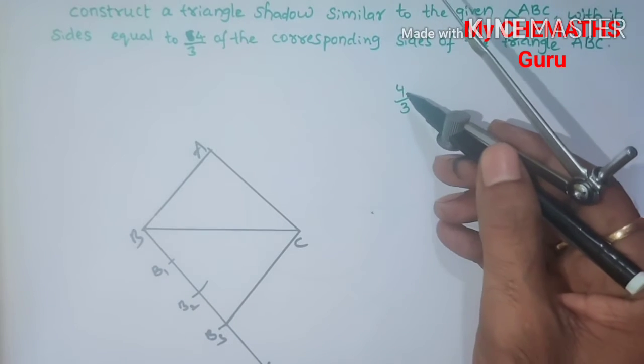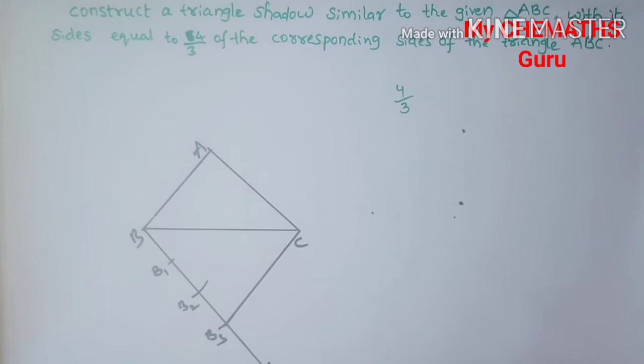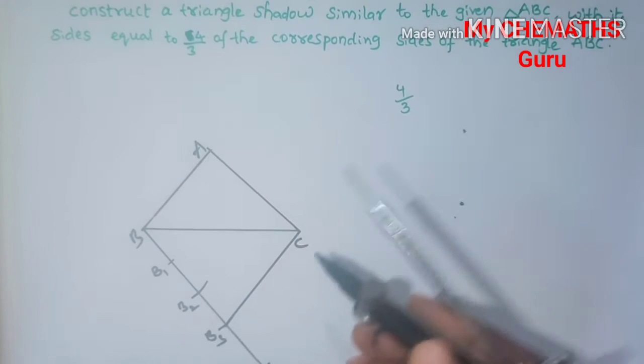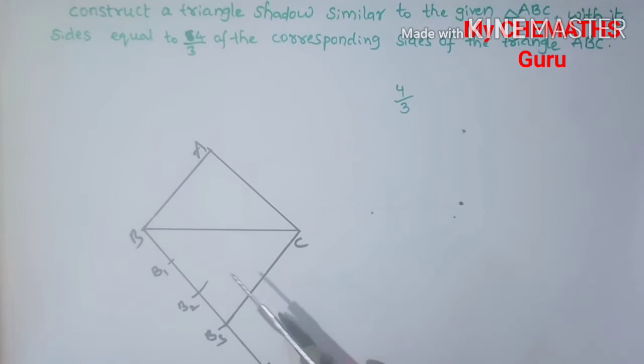Now, what is the numerator here? 4. Where do you locate 4? It is not possible here. So what should you do?